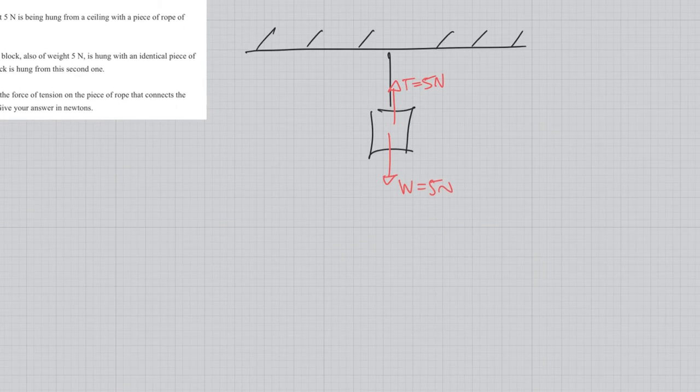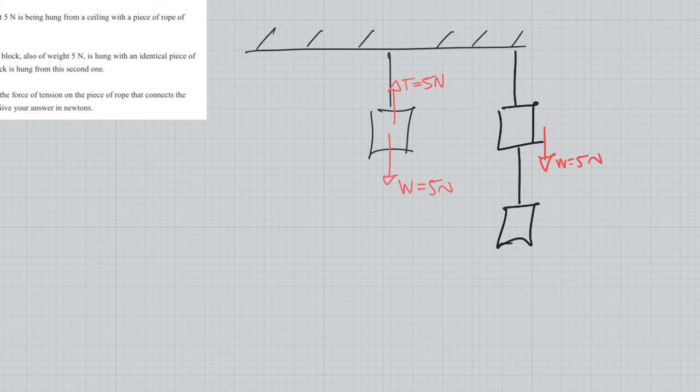So let's add our second block, right? So we have our first block there. We're going to have our second one here. And if we look at that, then there is the weight here, which is 5 newtons, and the weight here, which is also 5 newtons.